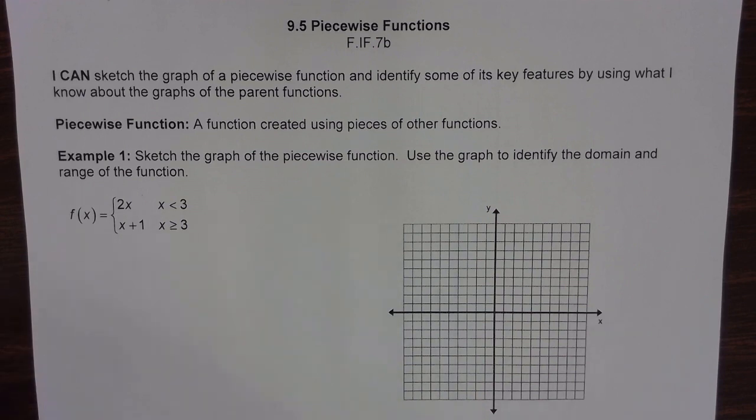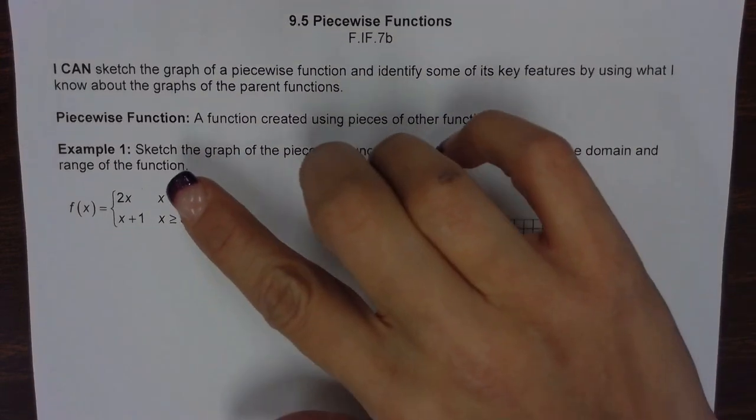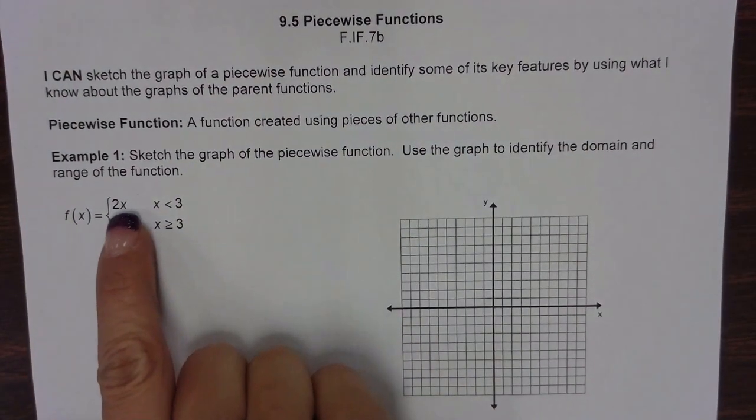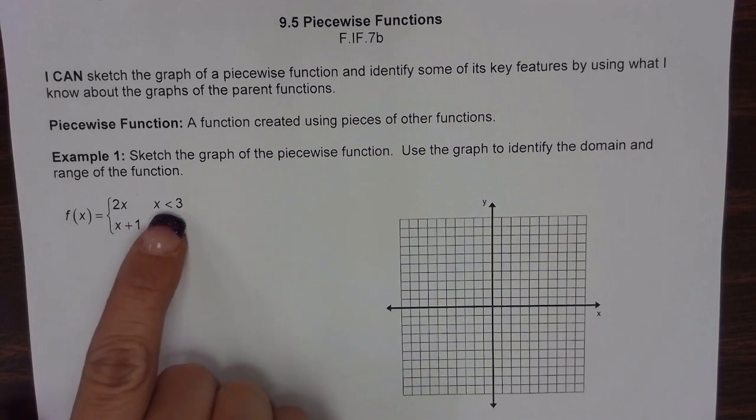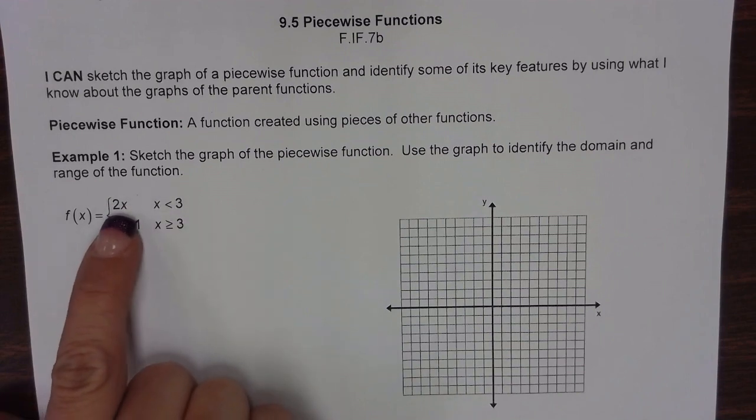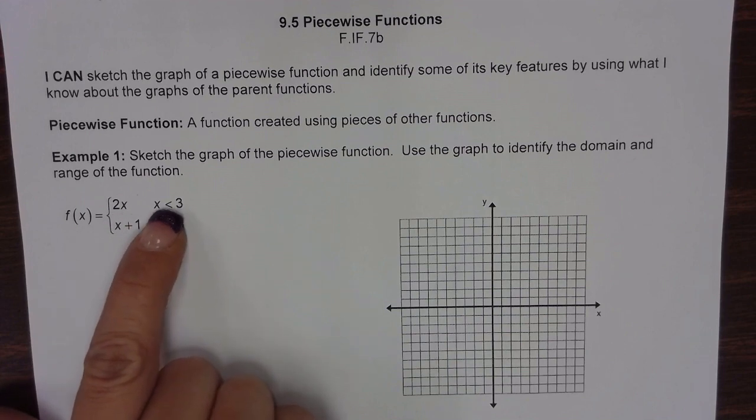So the first thing that we need to be aware of is that we are graphing 2x, which is a linear equation, and this says x less than 3. So the graph itself is 2x, but we're stopping the graph at 3.